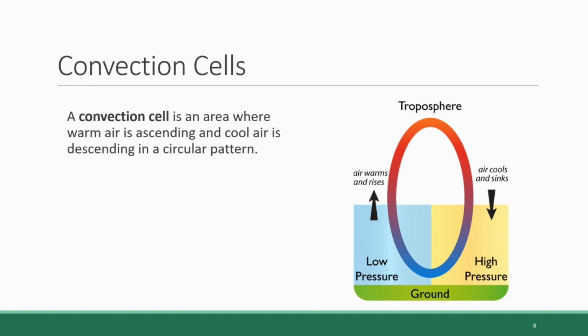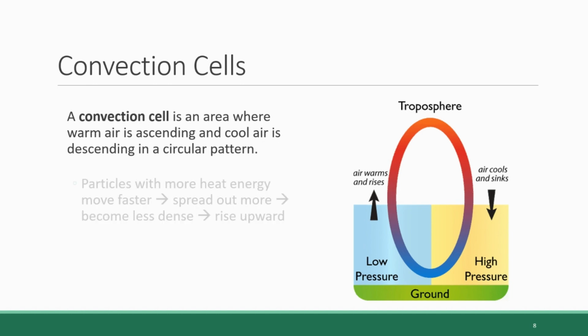The reason for this phenomenon gets back to principles that we learned about in a previous chapter about how temperature works. Remember that temperature is a measurement of kinetic energy, and kinetic energy is the energy of movement. So remember, higher temperature means more molecular movement.